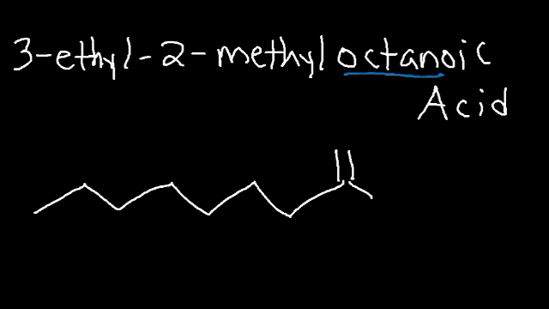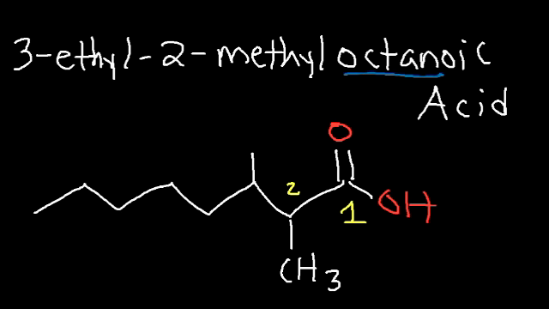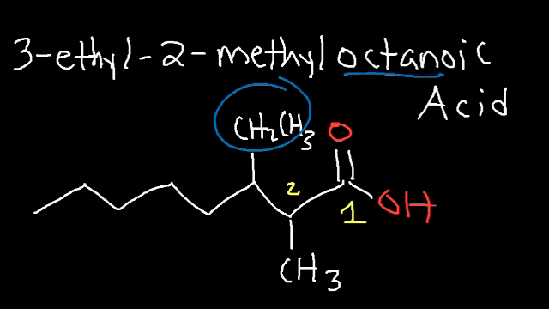So we need a carboxylic acid, which is always at the end. Now, the carbon that has the carboxylic acid is always carbon 1, so this is carbon 2. So on carbon 2, we have a methyl group, and on carbon 3, we have an ethyl, CH2, CH3. Ethyl is a substituent with 2 carbons. So that's how you can draw 3-ethyl-2-methyloctanoic acid.